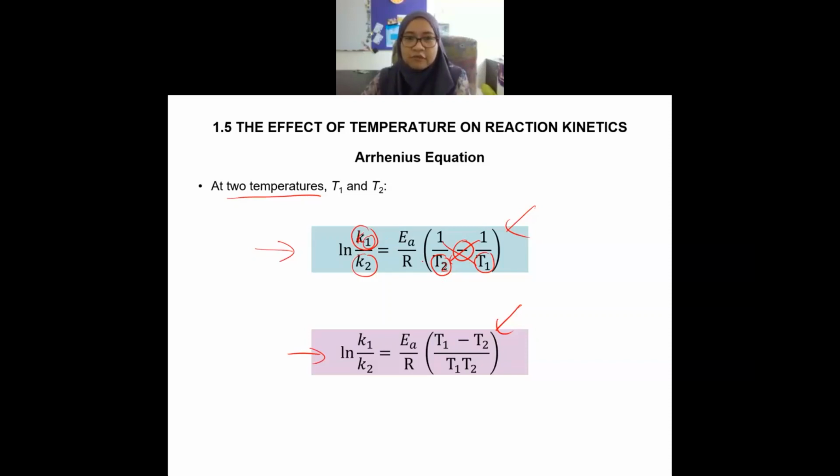So you have to get the pairing right. If you want to do it the other way around, with K2 on top and K1 at the bottom, that's fine, not a problem. It's just that you have to be careful here, so it should be 1 over T1 minus 1 over T2. Be careful with the pairing, guys.